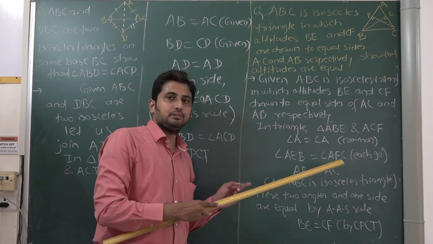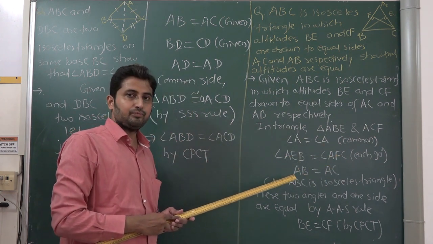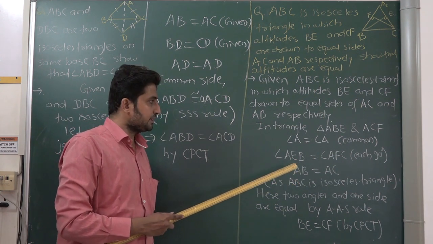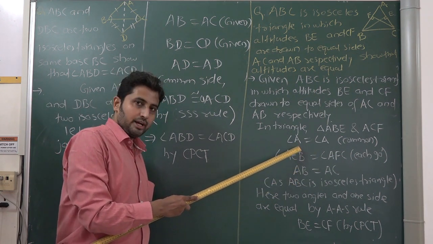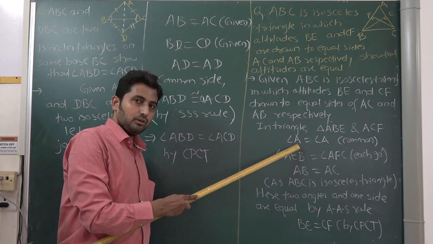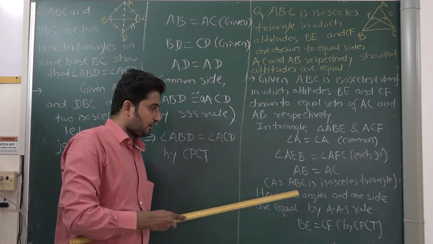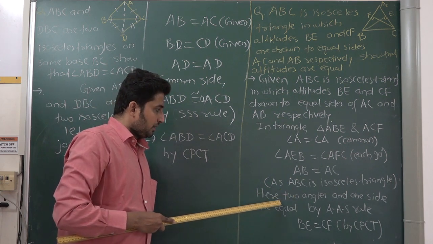So we have the properties to form congruency between two triangles, out of which here we are using the rule angle, angle, side.